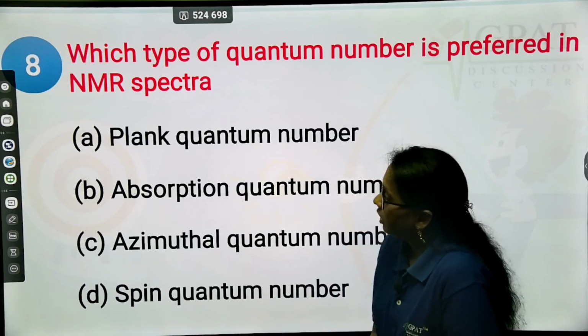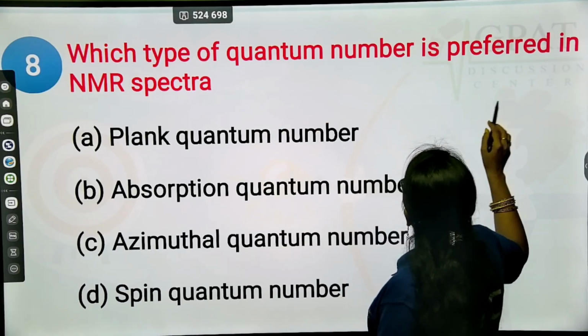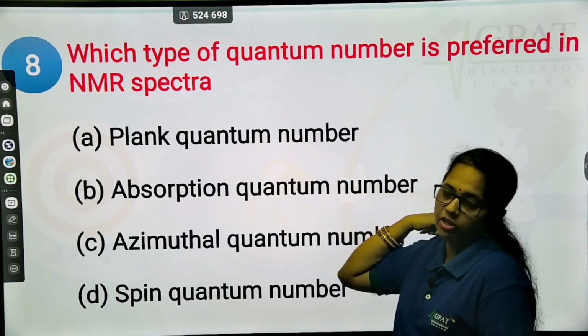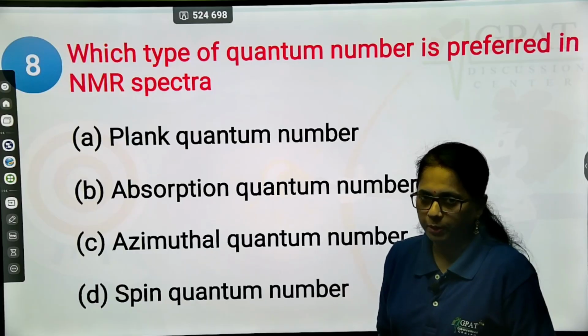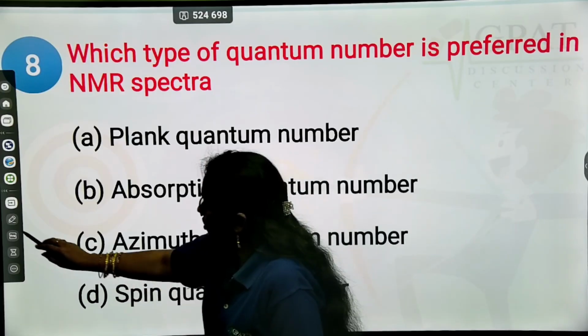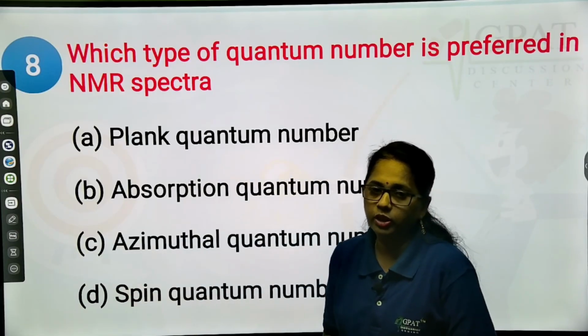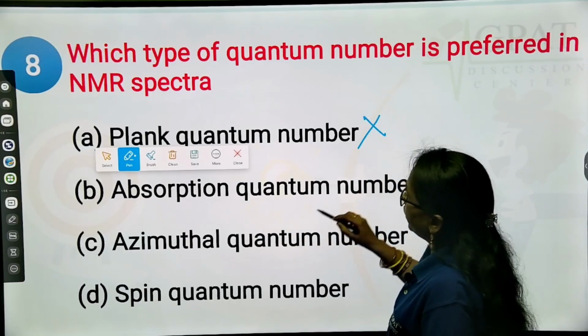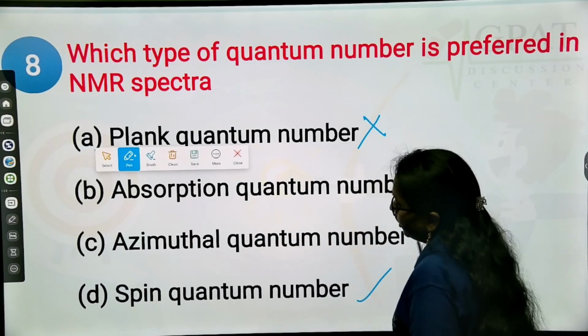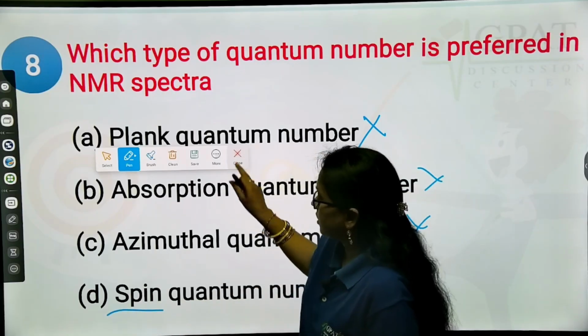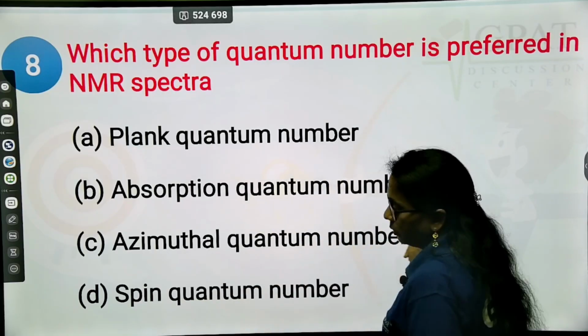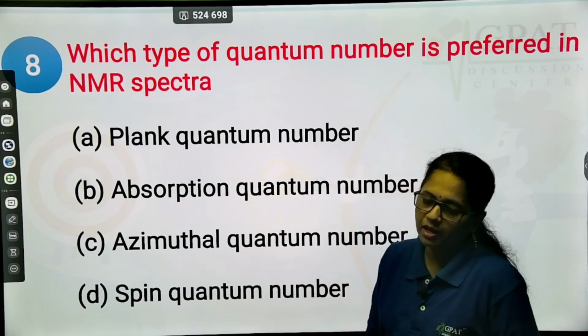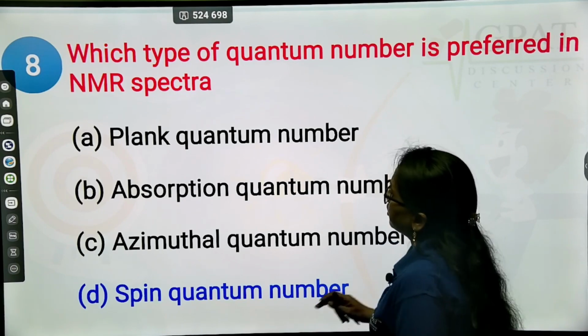So which is related to the spin only we talk about in NMR. So not Planck's number, not the absorption number, not the azimuthal number: the spin quantum number only is related to NMR spectroscopy.